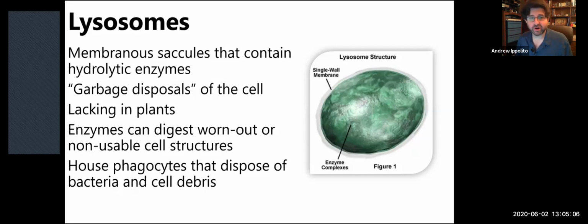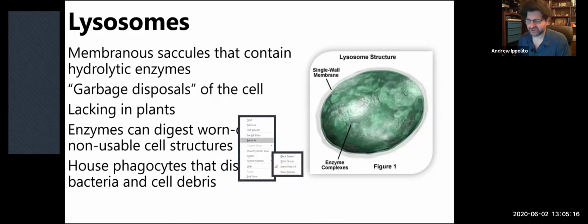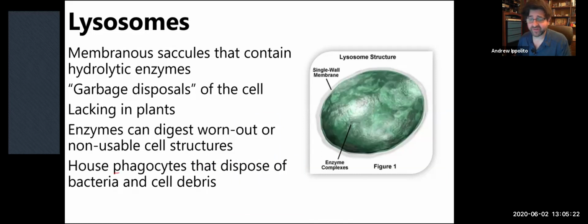All right, your book has a horrible typo in it. You see where it says here, house phagocytes that dispose of bacteria and debris? Honestly, I don't know if it's your book or if there was an older book that I took this from, but let's just make sure we're clear here. A phagocyte is a type of cell that eats things. So it's a nonsensical statement to say that lysosomes contain phagocytes.